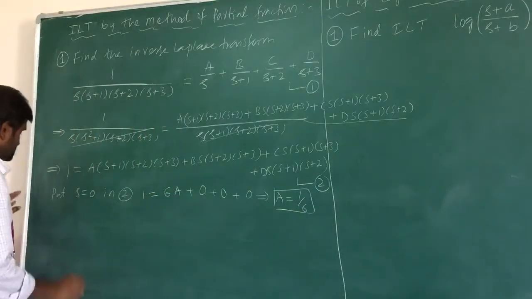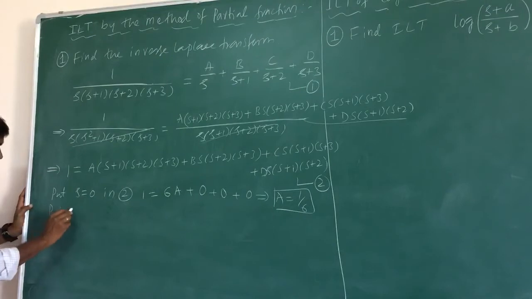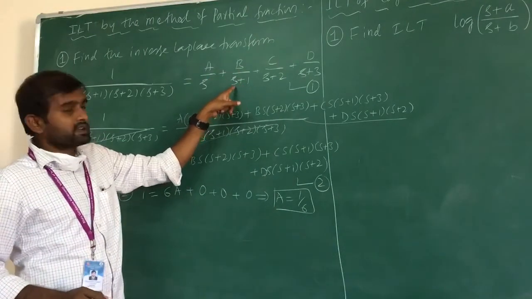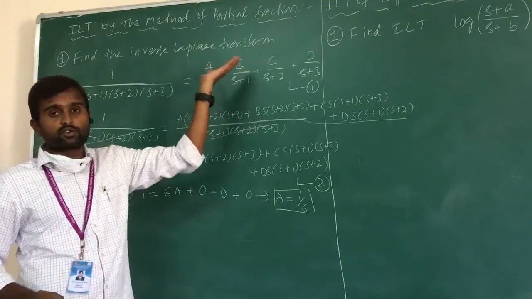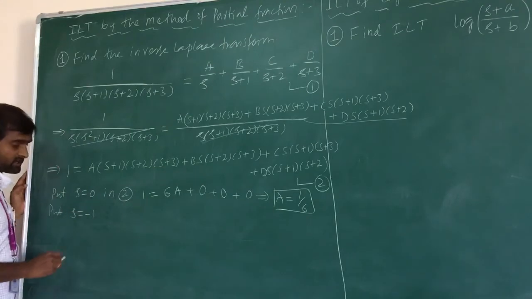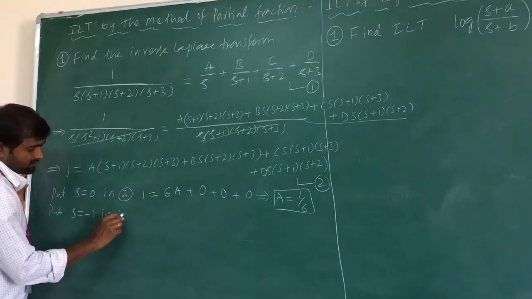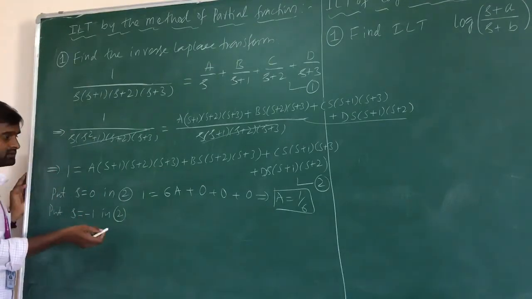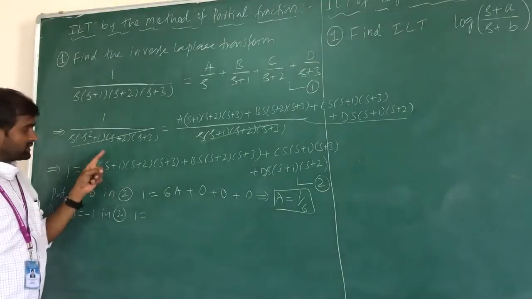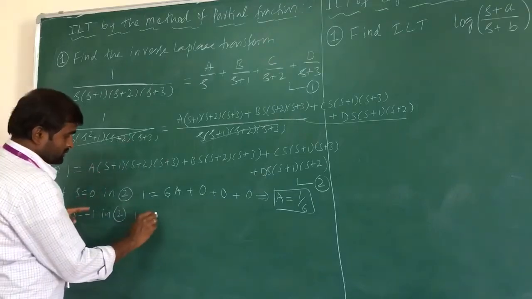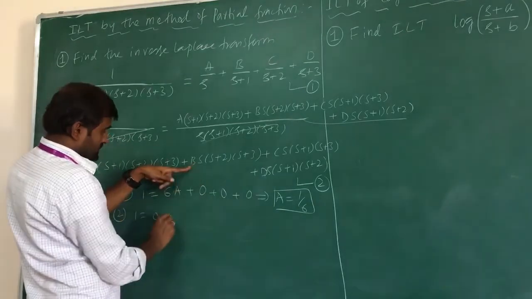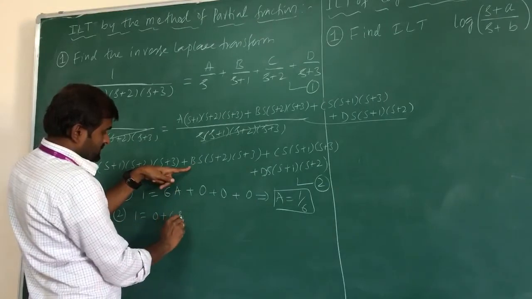Similarly, now for the value of b, set the denominator s plus 1 equal to 0, so s equals minus 1. Again put it in equation 2. The 1 equals, now minus 1 plus 1 is 0, so this whole term is 0, plus the b term. Now s is minus 1, so minus b.